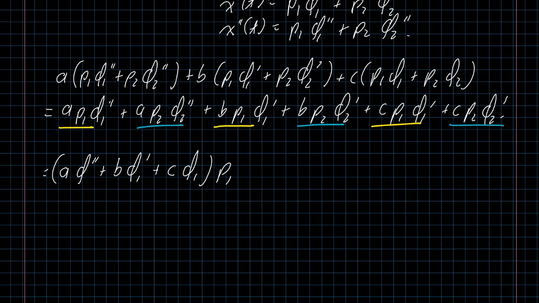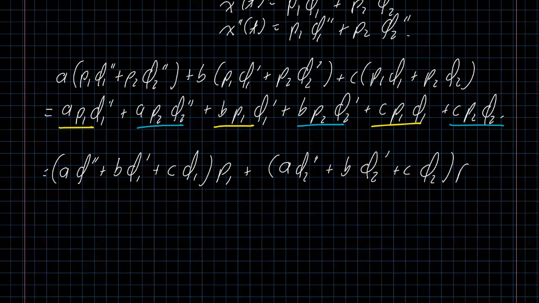So I have a times phi1 double prime, I have b times phi1 prime, I have c times phi1, which I introduced an extra prime into for some reason in the last step. There should be no primes on these two, sorry about that. But anyway, all three of those terms are multiplied by p1. I factored the p1 out. And then I'll do the same thing for all the p2s. A times phi2 double prime plus b times phi2 prime plus c times phi2, all times p2.